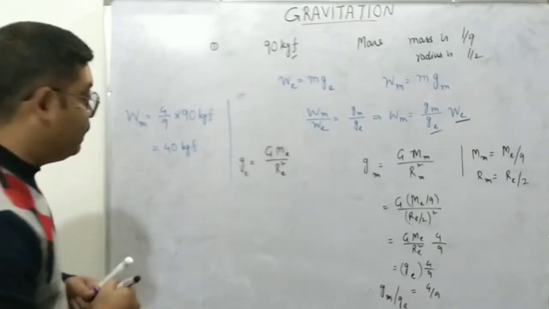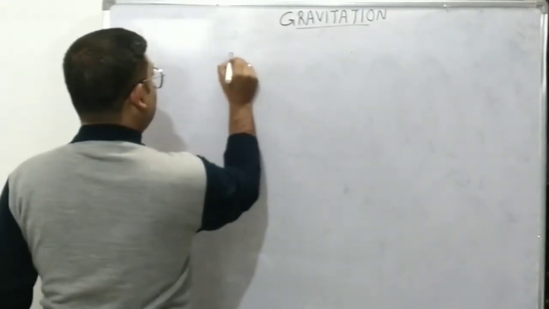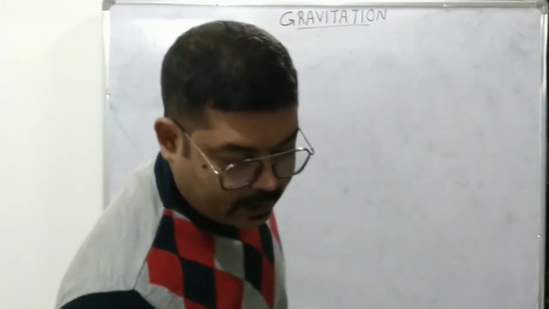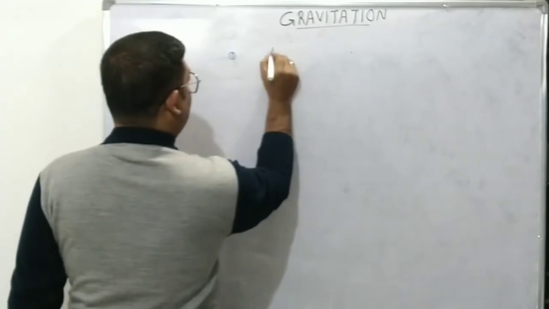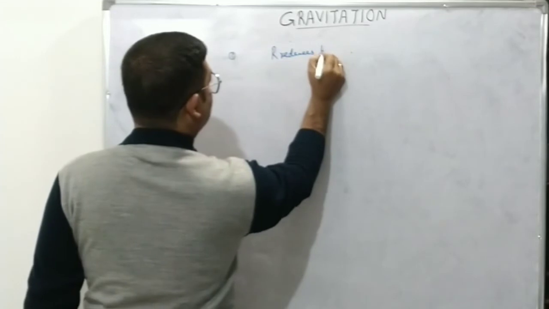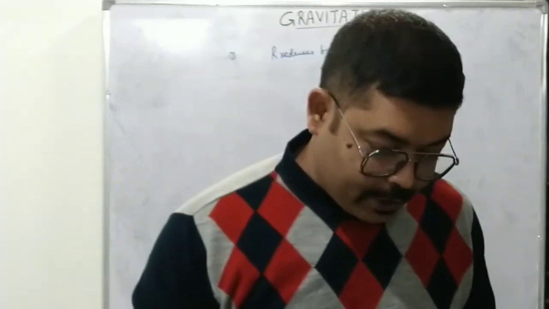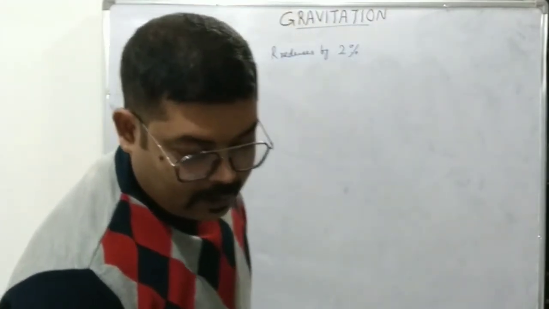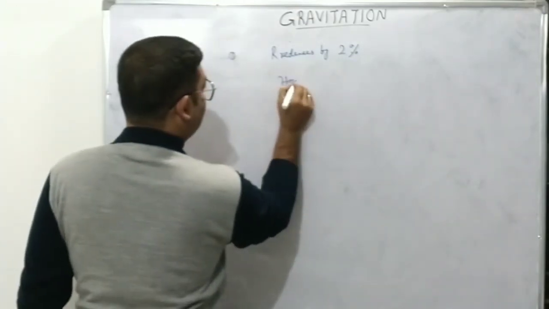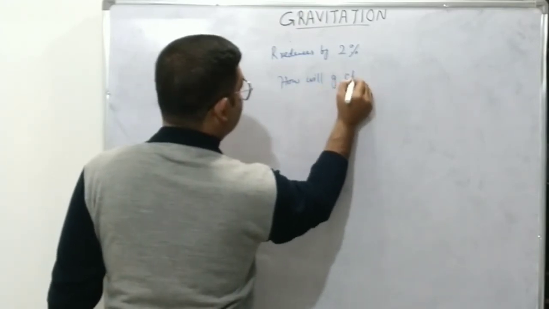Okay. Now, next problem is, if radius of Earth reduces or shrinks by 2%, R reduces by 2%, the mass remaining the same, the mass doesn't change, then how will g change?